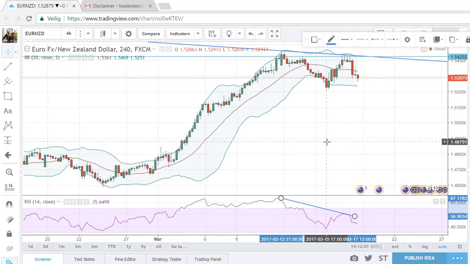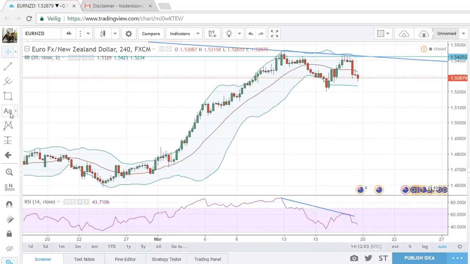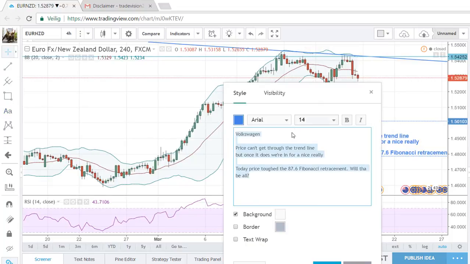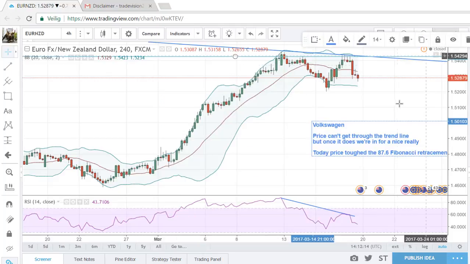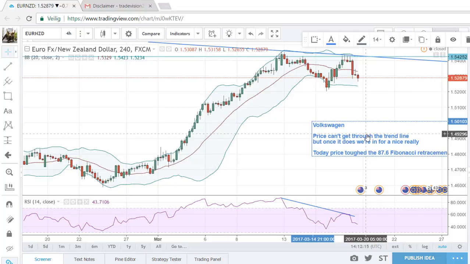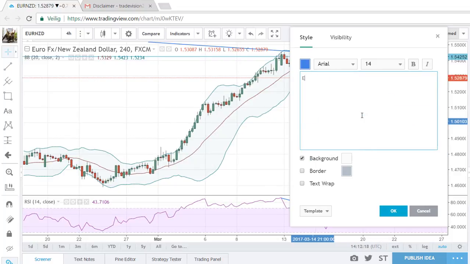That's it. So let me just draw on those clues for you guys. This is the euro and New Zealand dollar. Clues.